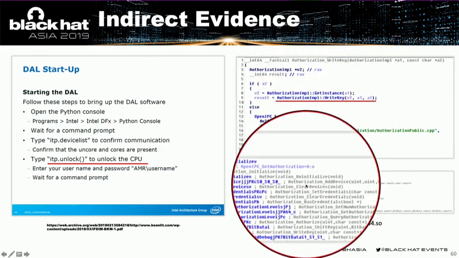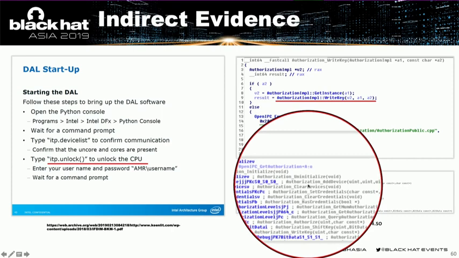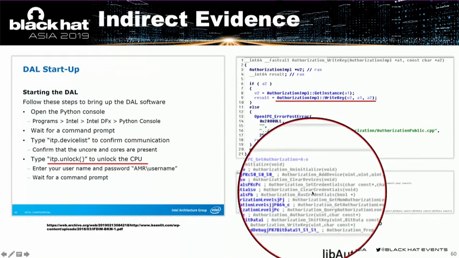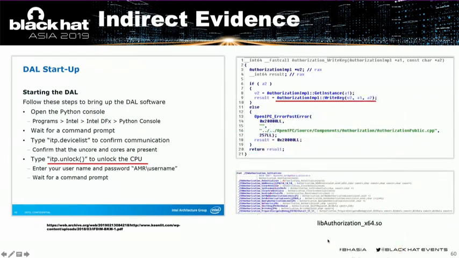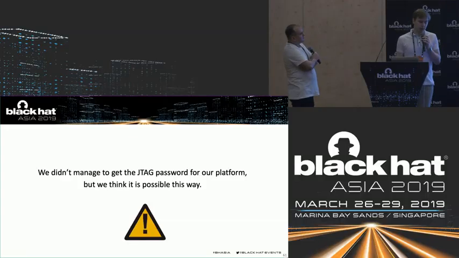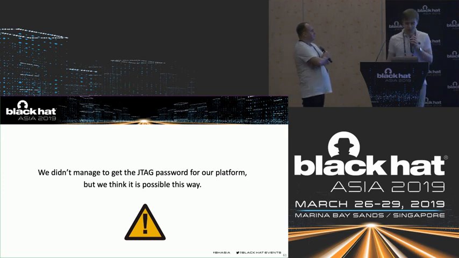Also, on this slide, you can see the class interface for this library. So, I want to say that we didn't manage to get the JTAG password for our platform, but we think it's possible, and you can try to do it.